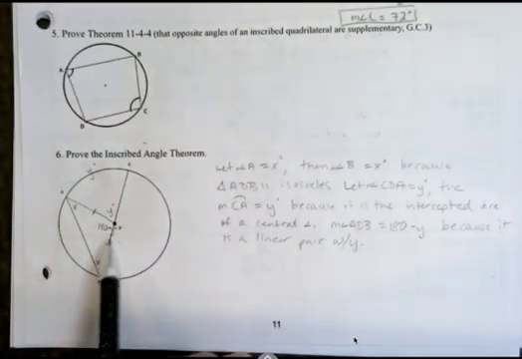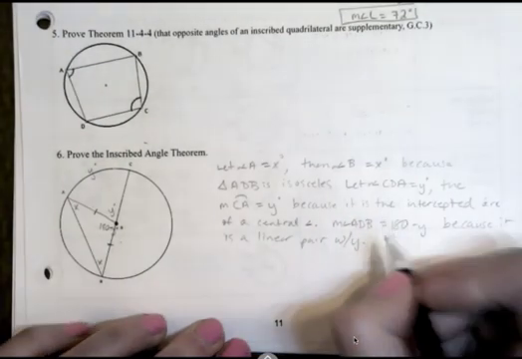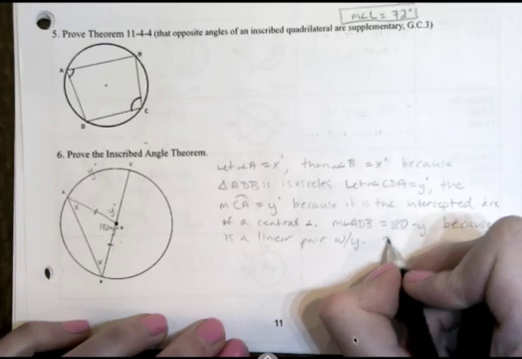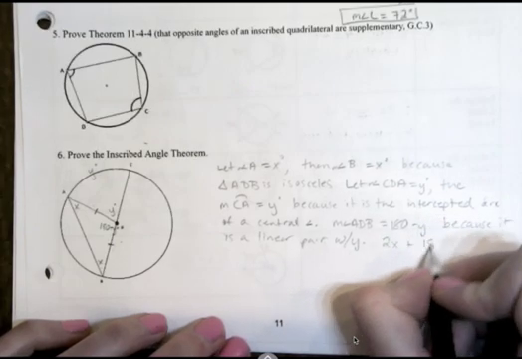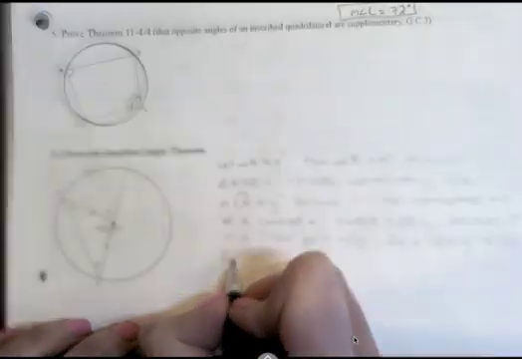Now we know that all 3 angles in a triangle have to add to 180. So we have 2x plus 180 minus y has to equal 180 by the triangle sum theorem.